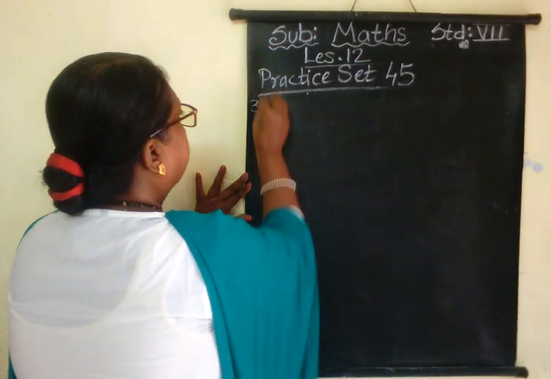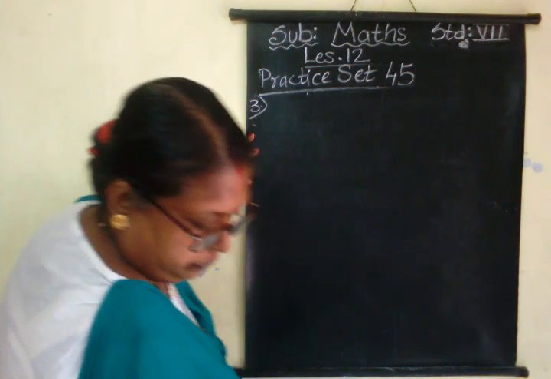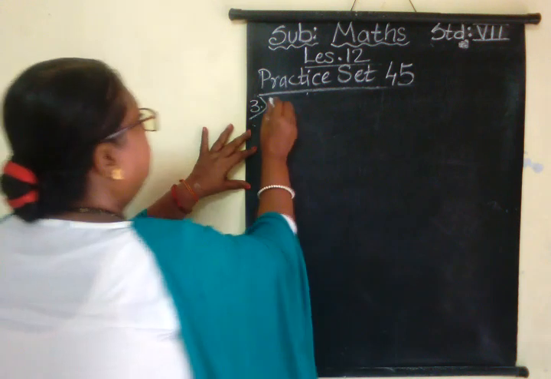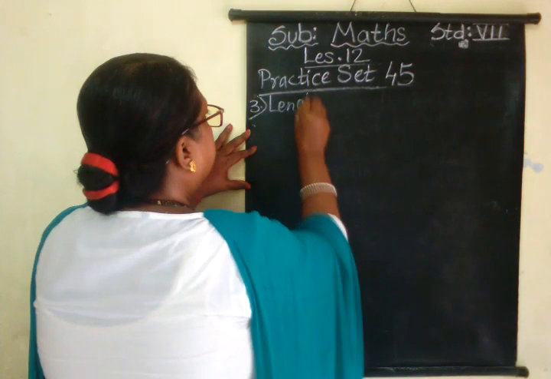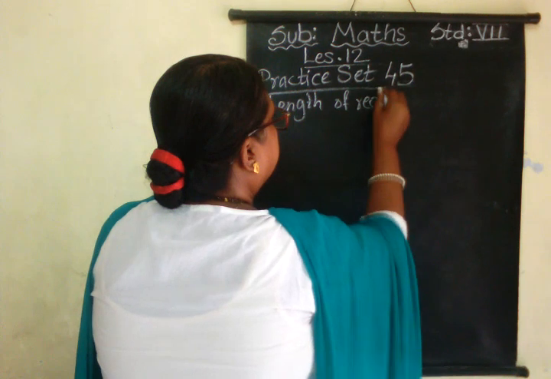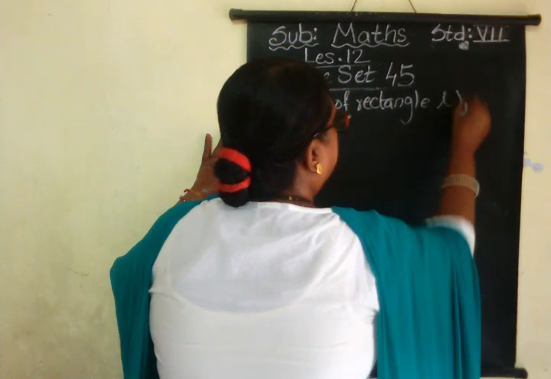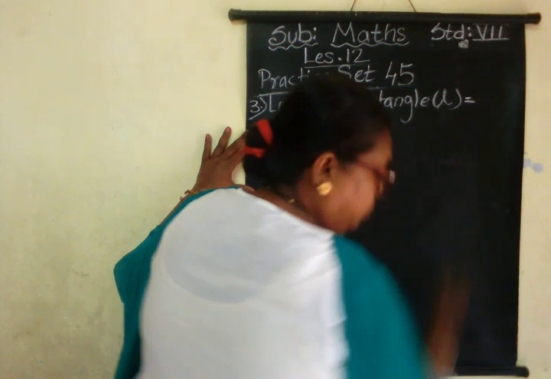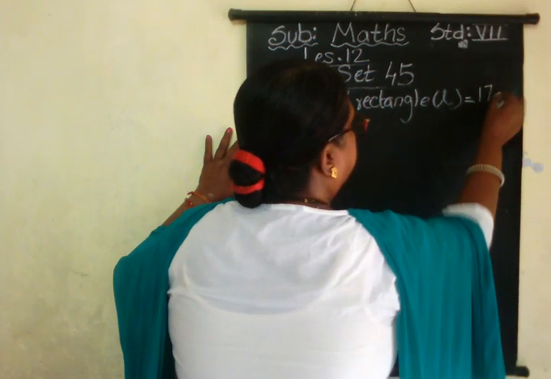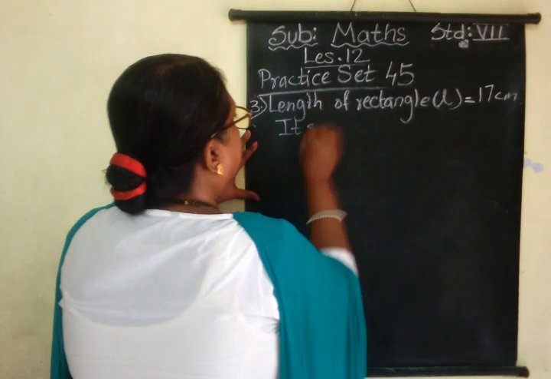Sum number 3. What is given first we will write down. Area and length of rectangle. So length of rectangle L is equal to, how much it is given? 17 centimeter. Its breadth we don't know.